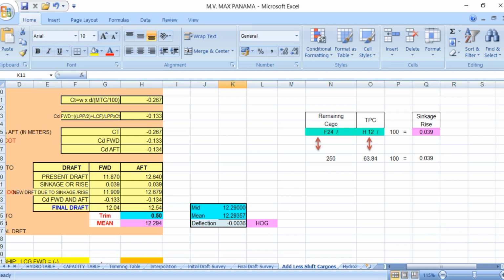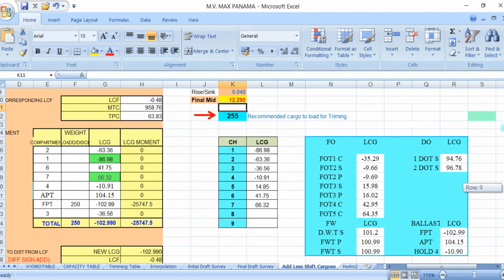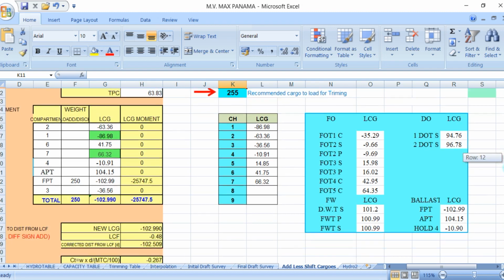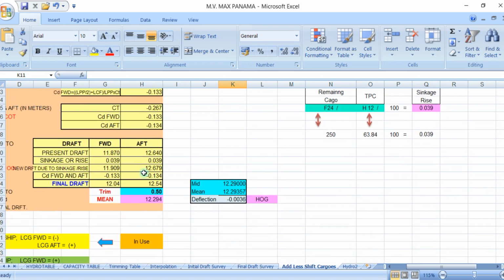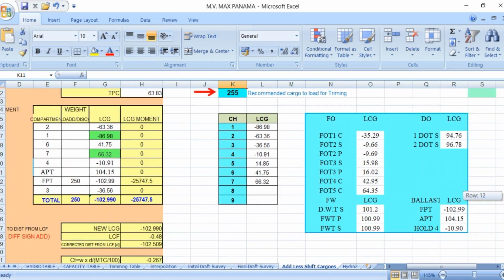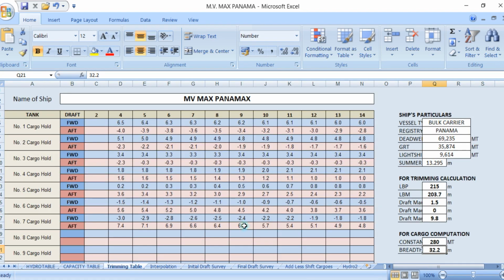Okay, so that's it, guys. So with this program you can actually get your final drop once you put your weight on the forepeak, and you will get your final drop. But since we are going to use the trimming table, we can also use the trimming table by this one.